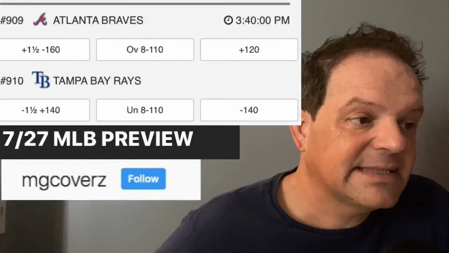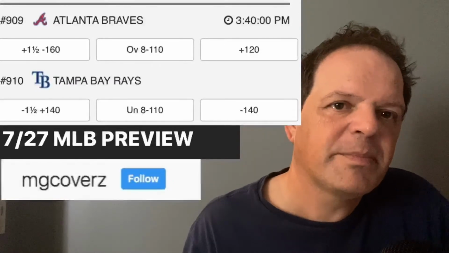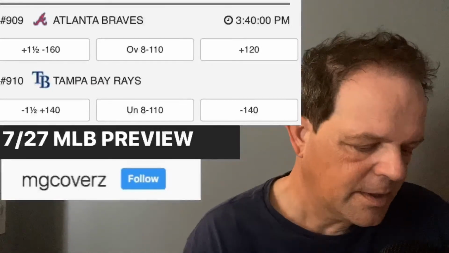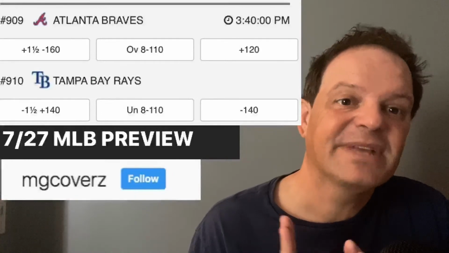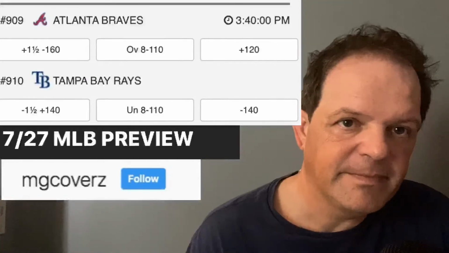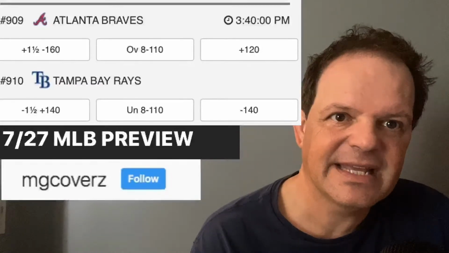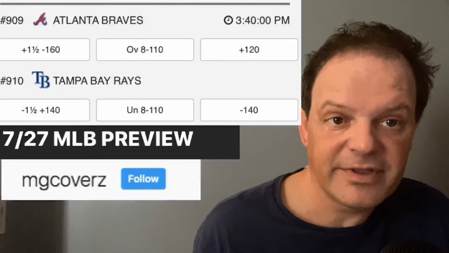You look at Tampa Bay's hitting .697, so that's advantage for the Braves. Again, we only want to play teams that can hit the ball. Pitching, of course, matters, but more than anything, if you have a team that can hit and hit well, you will always have a chance to win the game. Teams that can't hit, can't score runs, it's going to be difficult for them to win, also when they're behind.